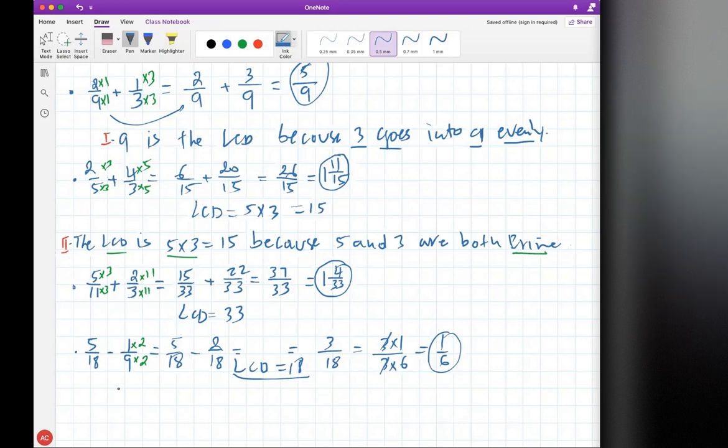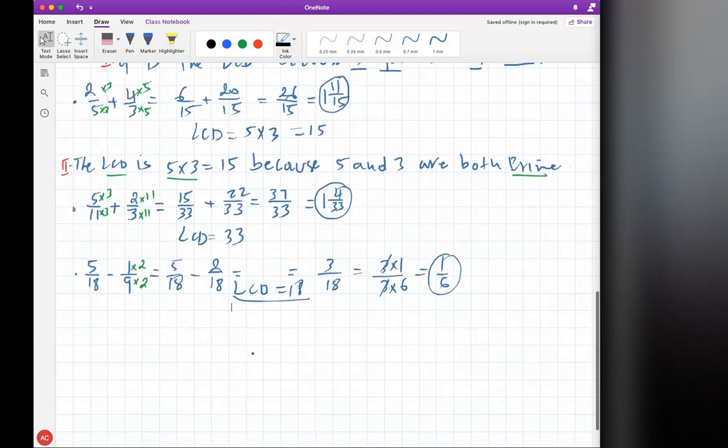This one already has 18, so we didn't multiply it. We needed to turn 9 into 18, so it's times 2, and the top is also times 2. In that way, we end up with the same number. That's the reason why we use the LCD.